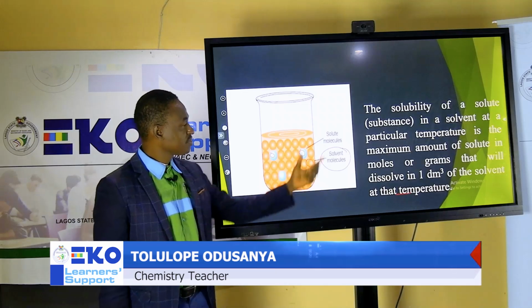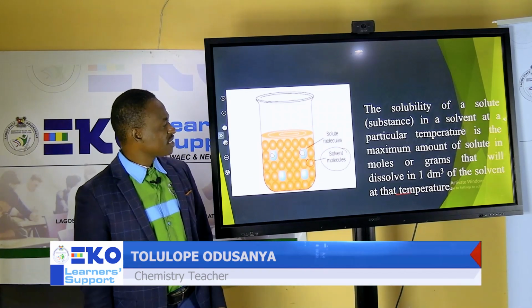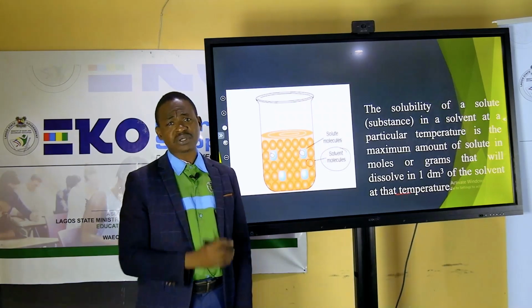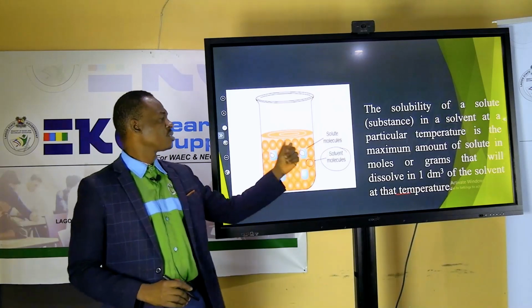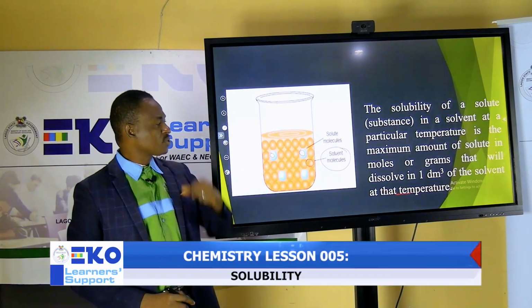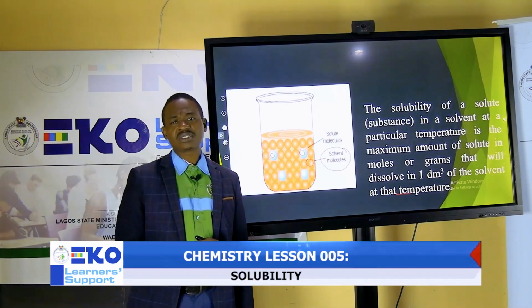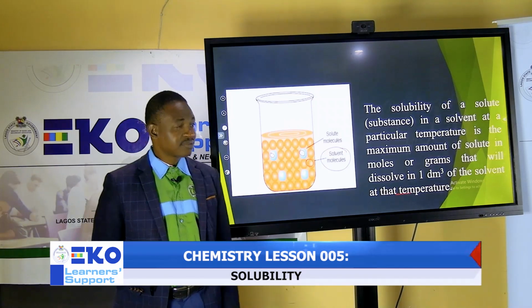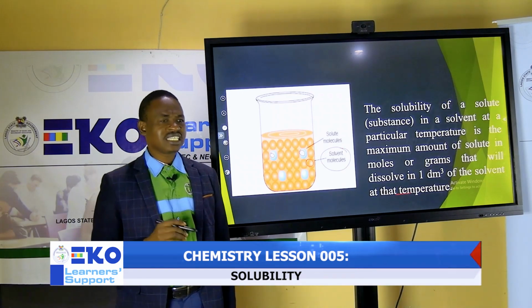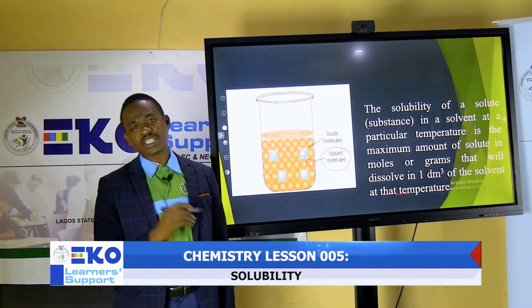So on this note, the solubility of a solute in a solvent at a particular temperature is the maximum amount of solutes, in moles or in grams, that you can dissolve in 1 dm cube.